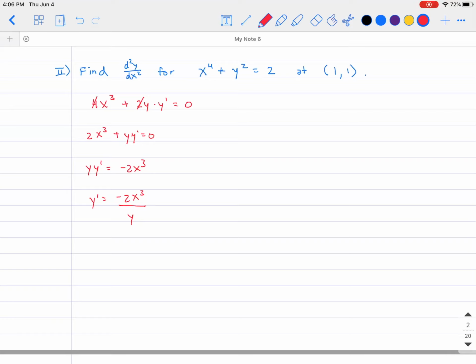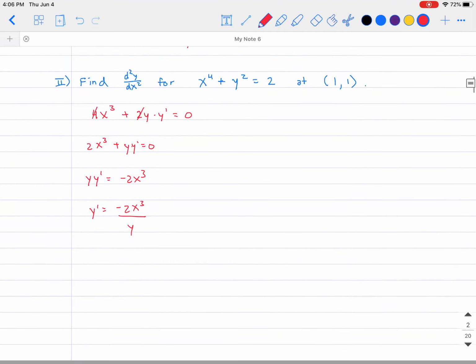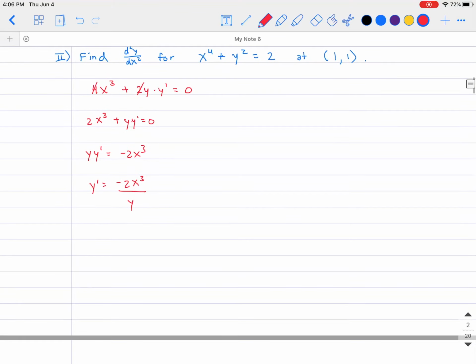At this point I want to solve for the second derivative, so we take the derivative of what we have according to the appropriate rule. In this case, I think the quotient rule is called for. So y double prime is equal to, according to the quotient rule, the following.